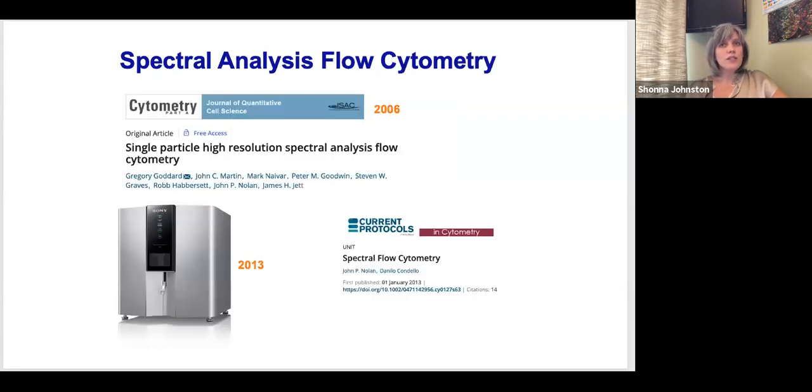Now, a flow cytometry spectral analysis article came out in 2006, but an actual instrument didn't come out until 2013. So that's quite interesting, the disparity between those two times. And essentially the difference is that flow cytometers had to have a massive increase in their speed and their sensitivity to be able to do spectral analysis well compared with the microscopy solutions.